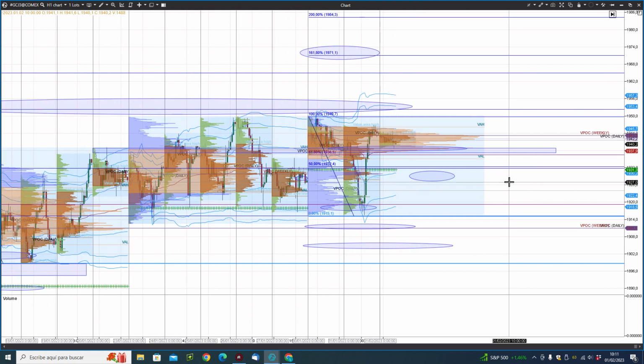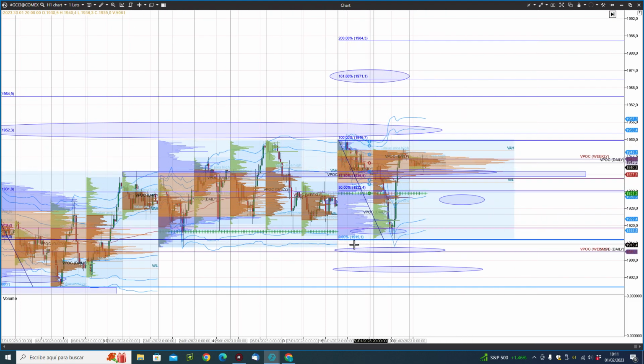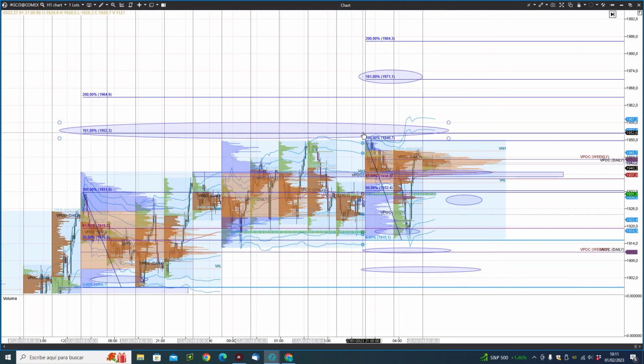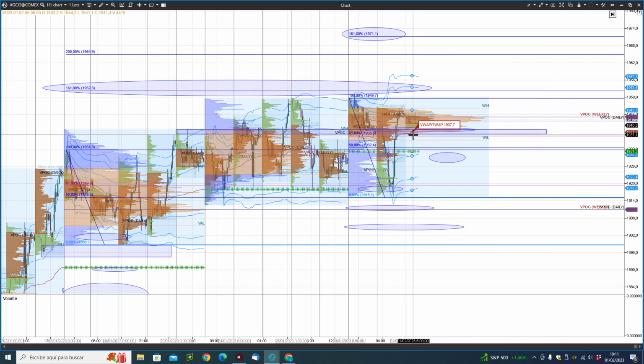So about higher targets, the projection of this pullback, if it is only this rectangle, the price is only resting to continue rising. The first target will be this point at 1971. Perhaps the price breaks again the value area high of last week and enters into this high volume zone. So the main target would be the zone about 1931, 1930, about 30.